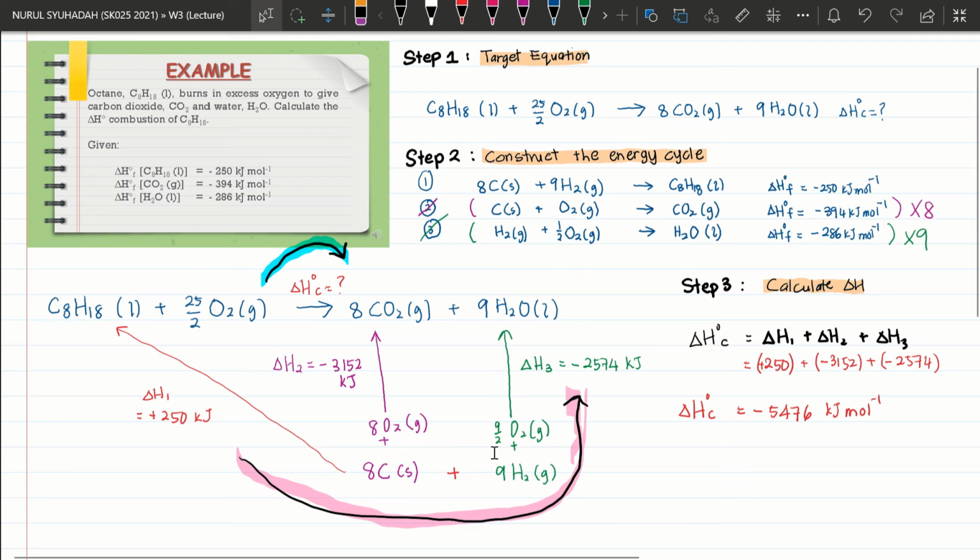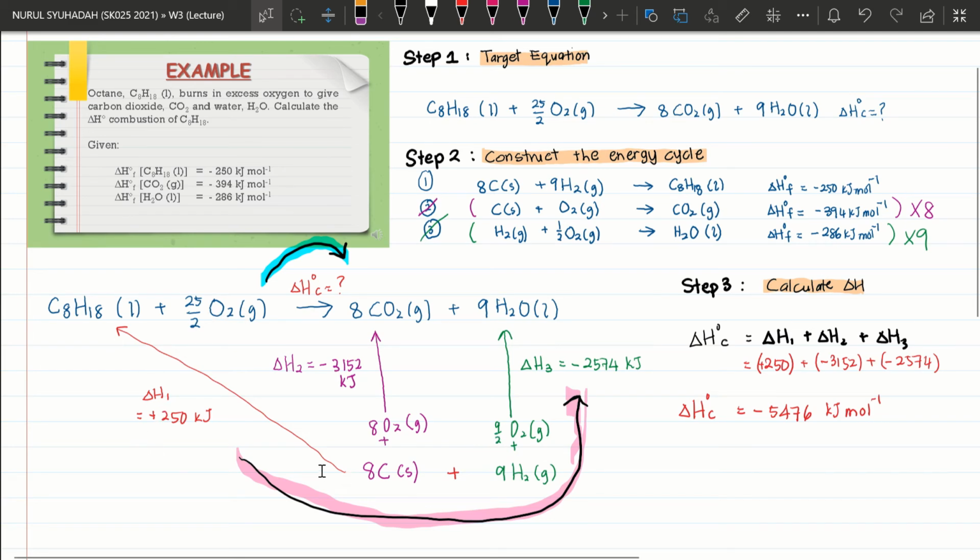So if the arrow is going upwards, meaning carbon plus hydrogen to produce C8H18, and before that, here we have 25/2 oxygen. Where is the 25/2 oxygen? Here, 8 plus 9/2, we will get 25/2.